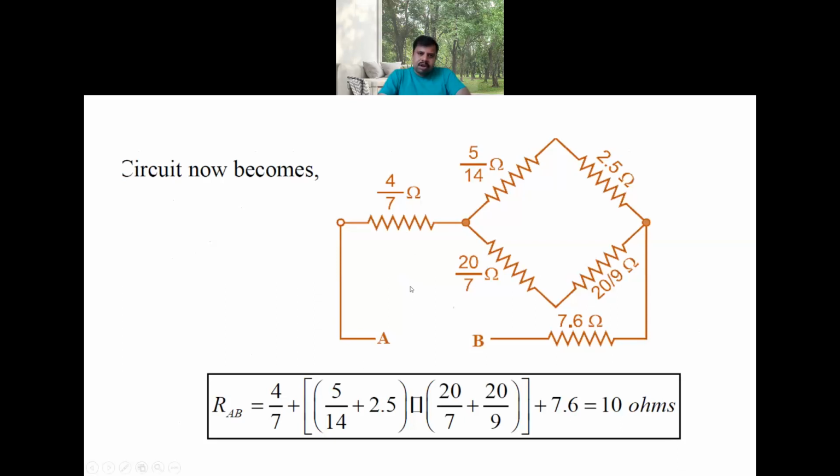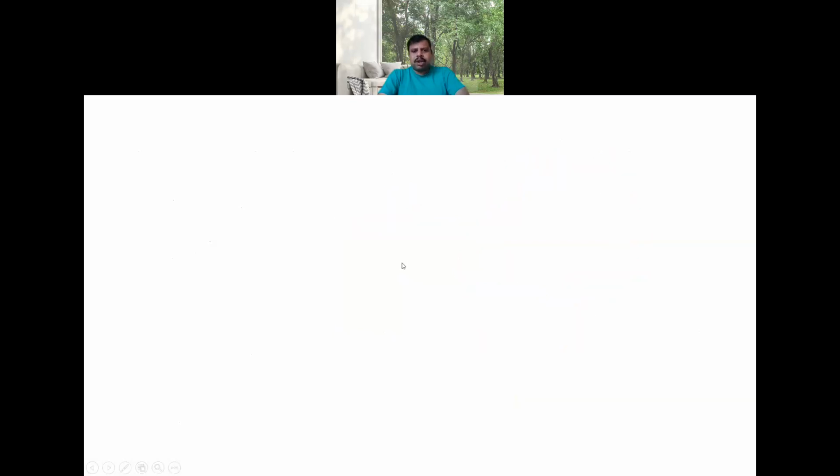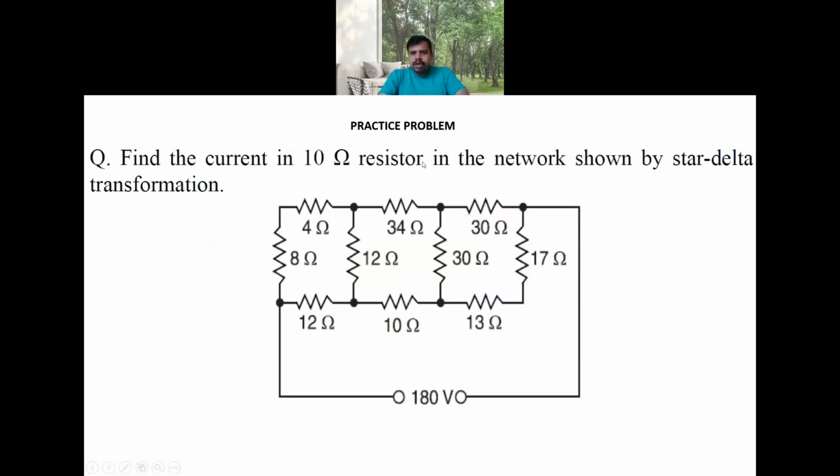The transmission lines are generally connected in delta, whereas on the distribution side, they are connected in star. This particular problem I am giving you as homework, and you need to get the answer.